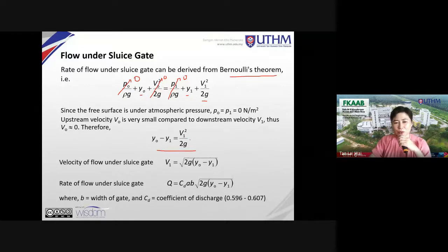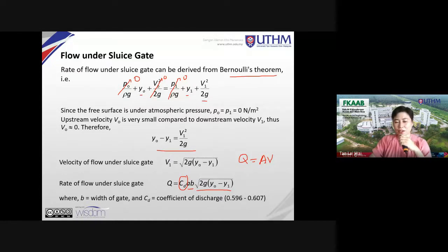Now rearranging this formula, because my intention is to get velocity or discharge, I'm writing velocity as the subject of the equation. So I have v equals square root of 2g (y0 minus y1). Now, we know that Q is equal to AV. So this is my V term, this is my A, and I have a coefficient of discharge.